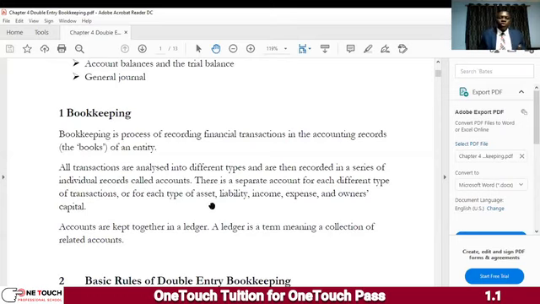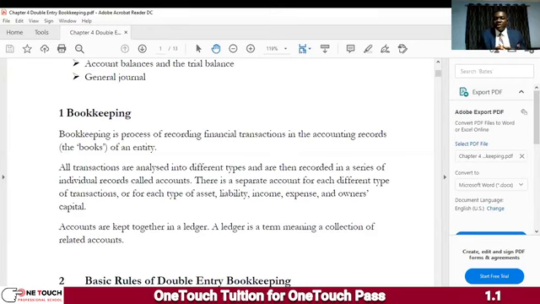All the transactions will be analyzed into different types and are then recorded in a series of individual records called accounts. And we are stating emphatically that there is a separate account for each type of transaction or for each type of asset, liability, income, expense, and owner's capital.